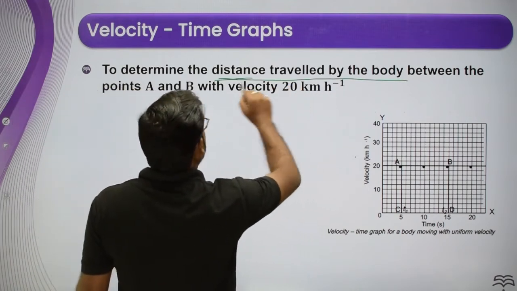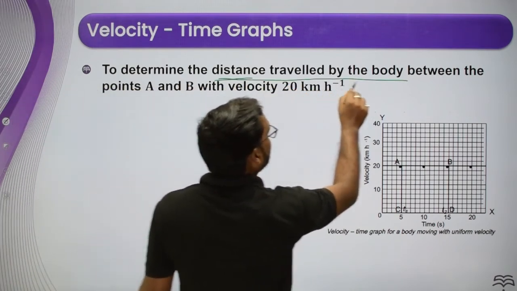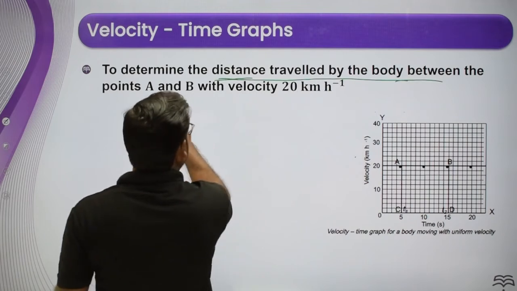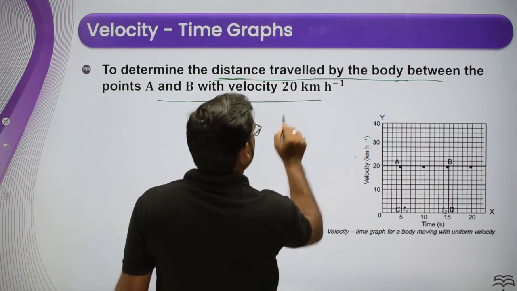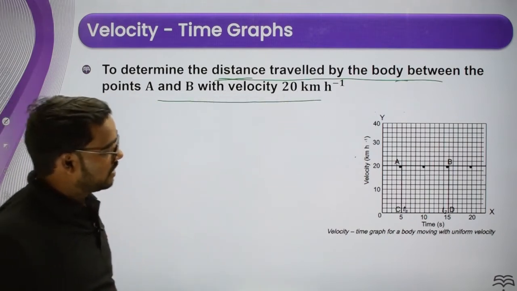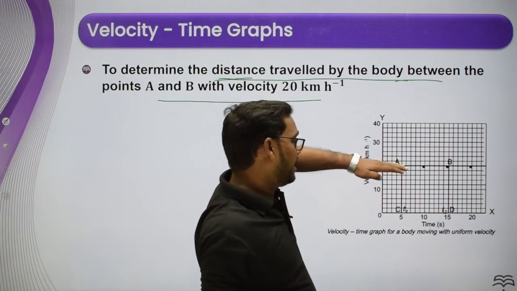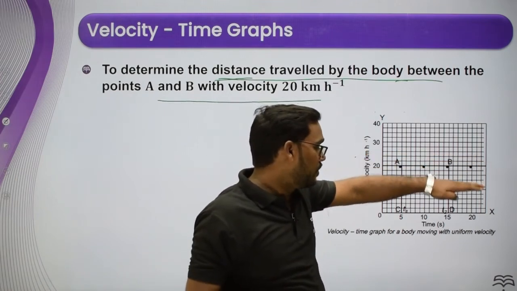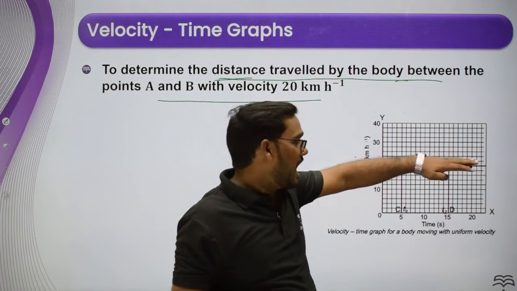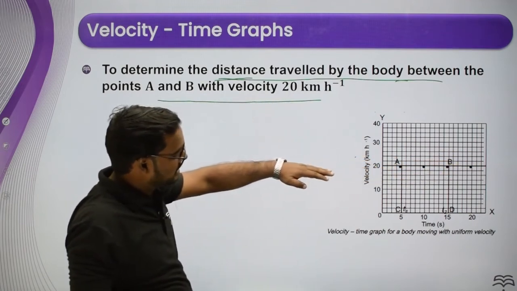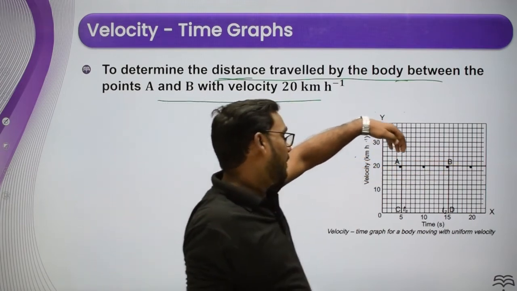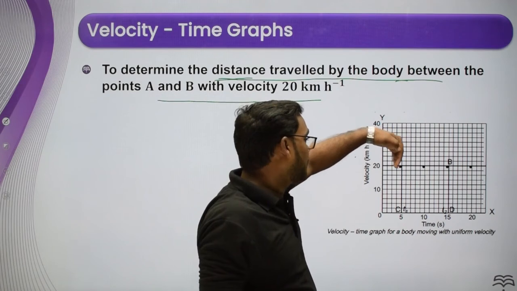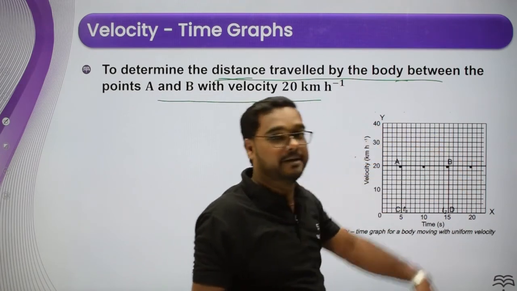If you want to determine the distance traveled by the body between point A to B with velocity 20 km/h, this is the graph, a straight line parallel to the x-axis, and you are going to calculate the distance traveled by the particle when it covers from point A to point B.